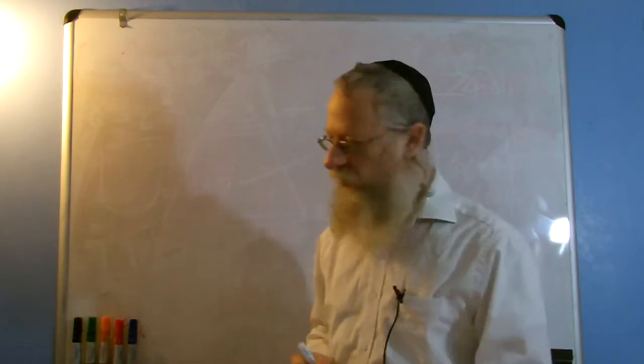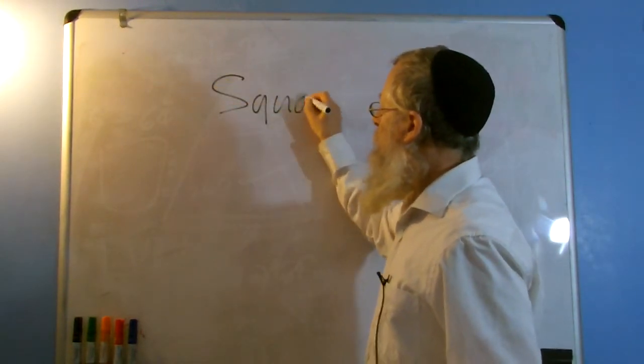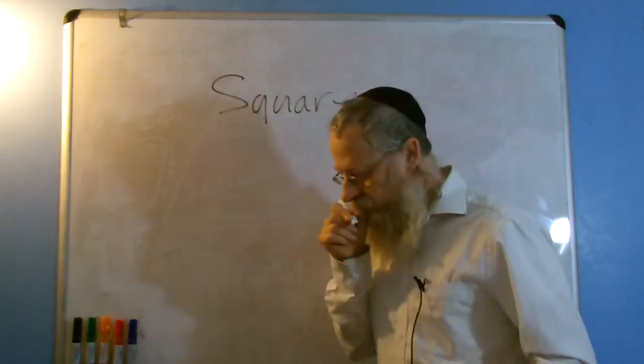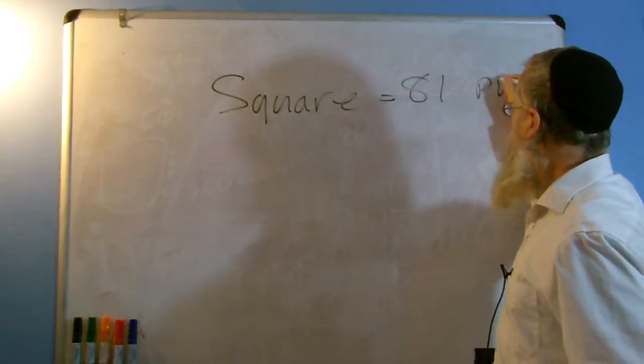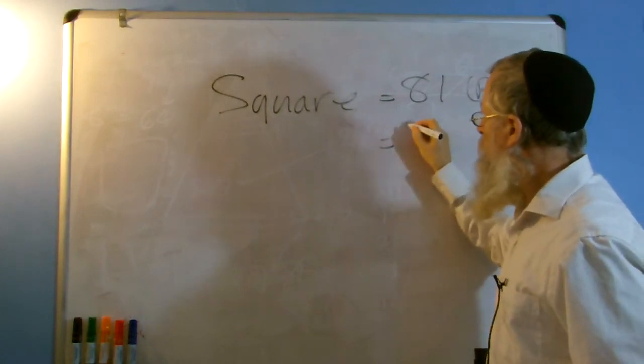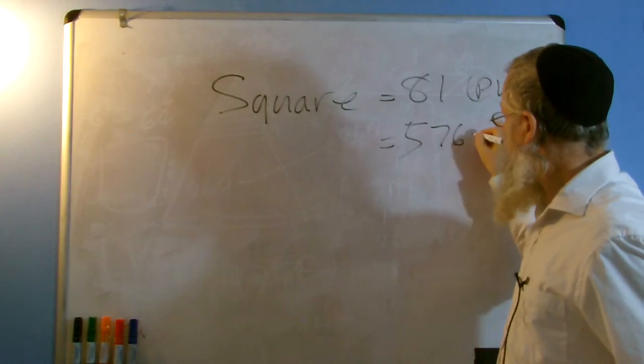So let's have a look first at the word square. We've had this in my square lecture. The word square equals 81 in the placement value. I'm just going to give you the 2 values that are of significance, and in the normal value it is 576.